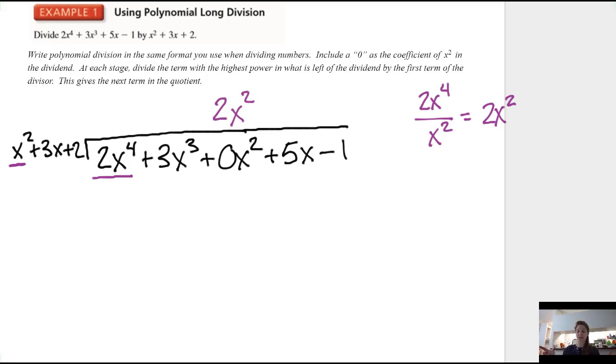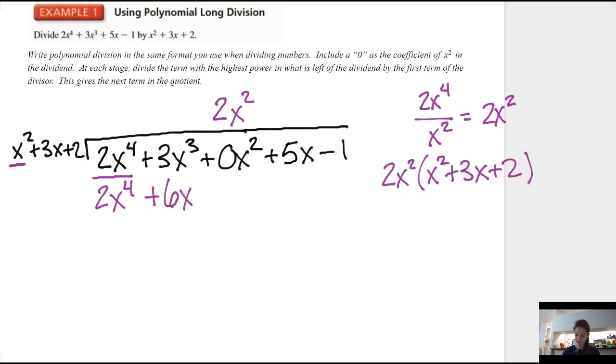Now in long division, my next step is to take this 2x squared times the divisor, x squared plus 3x plus 2, and that's going to go underneath my long division symbol. So this gives me 2x to the 4th plus 6x cubed plus 4x squared.